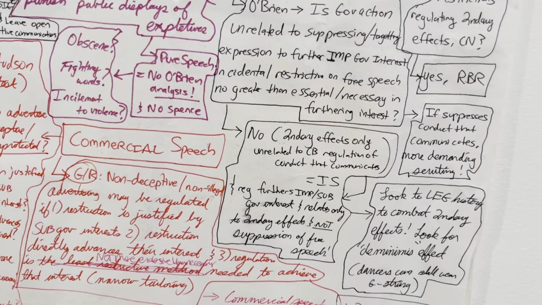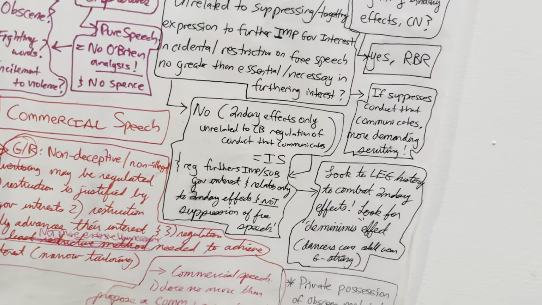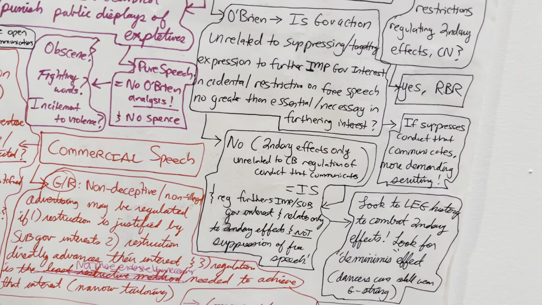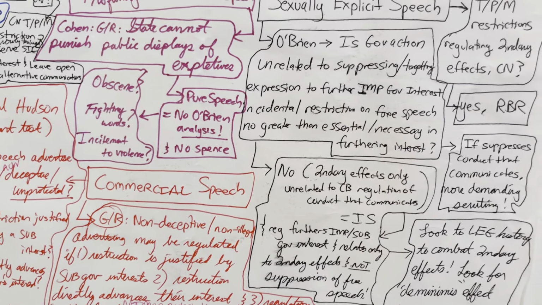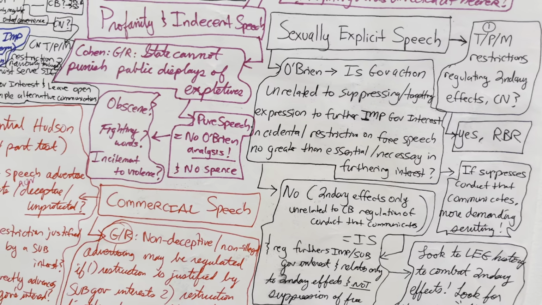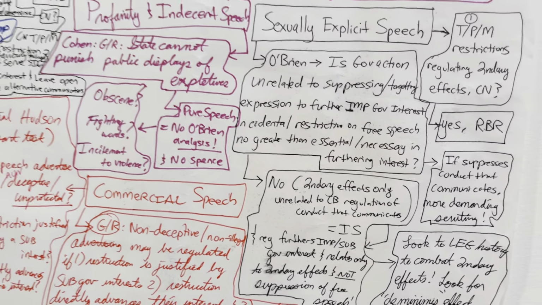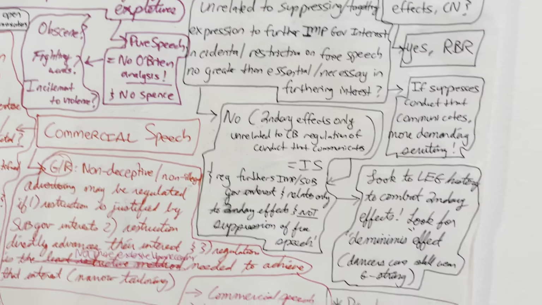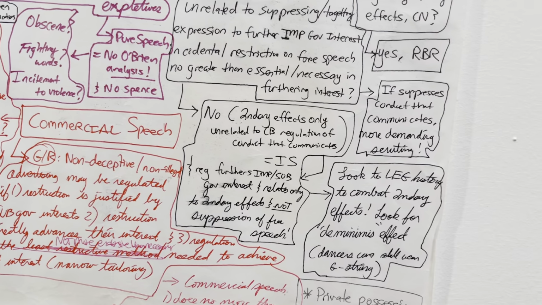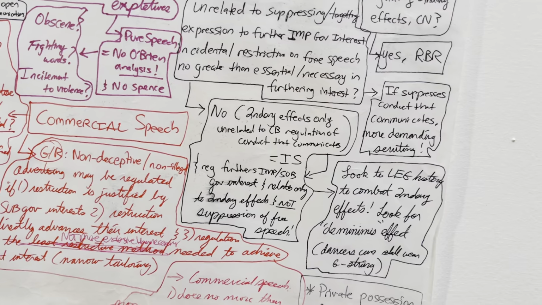If there are secondary effects unrelated to content-based restrictions or regulations of conduct that communicates, that's intermediate scrutiny. And if the regulation furthers some substantial or important government interest and relates only to secondary effects and not suppression of free speech, then we'll look to the legislative history to combat secondary effects. We'll look for de minimis effect.